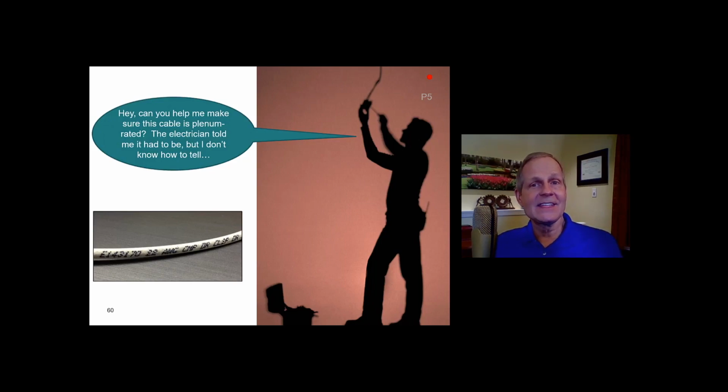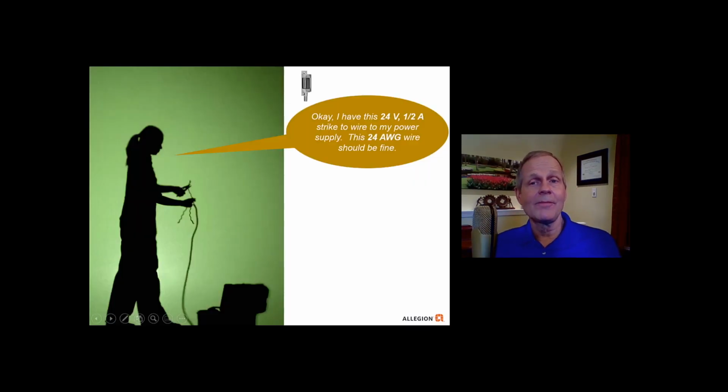What do you think? All right, if you said yes, it is, you would be correct, because it does say CMP on it right here. CMP, the P indicates that it is plenum rated. So that is an example of plenum rated cable.